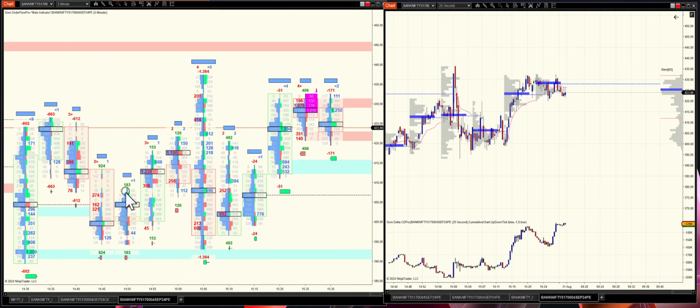So the bar opens, it makes a new high, so the delta makes a new high over here, 1450 somewhere here, but by the time it closes, it makes a new low. You can see it starts, it makes a new high from the open, and then it goes and closes somewhere here.